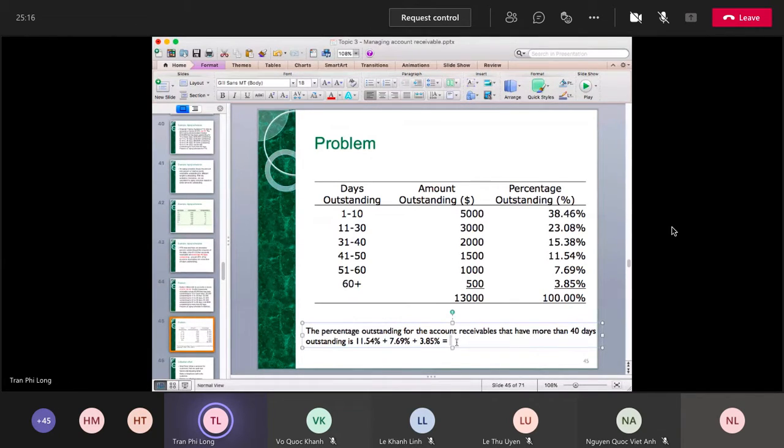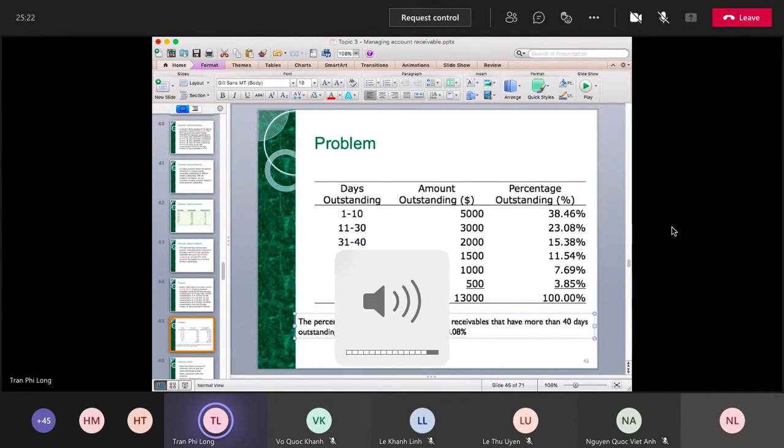Okay, equal 23.08%. Okay, so it's quite high. So it suggests that maybe the company has some problem in collecting the receivable. Okay, something like this.